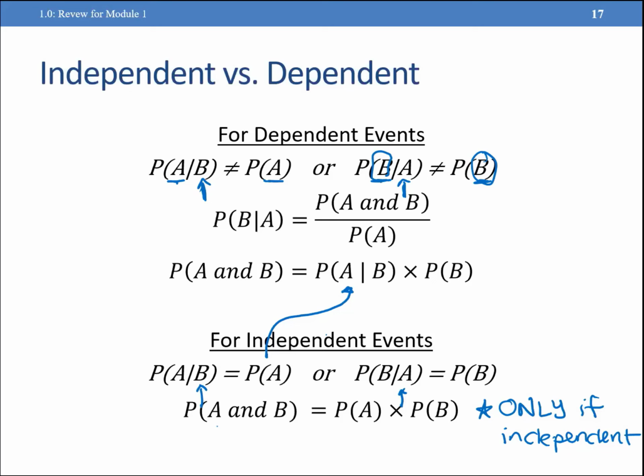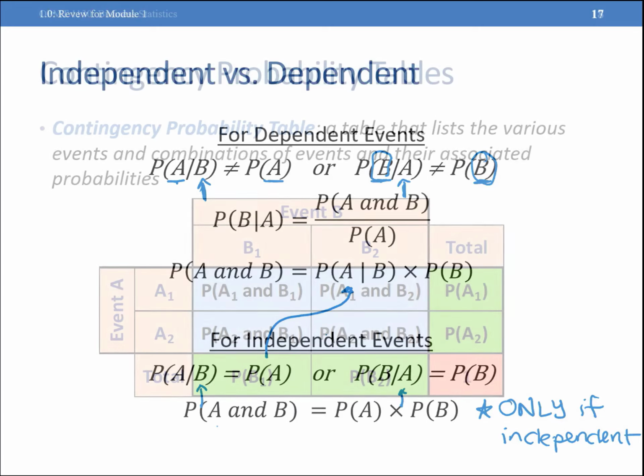We're not talking about a probability changing, we're talking about a probability becoming impossible. So when we're talking about mutually exclusive, the probability of B given A is 0, and the probability of A and B is equal to 0. That's mutual exclusivity. But when we're talking about independence and dependence, we're more interested in what kinds of shifts there are. What is the impact of one event on another?